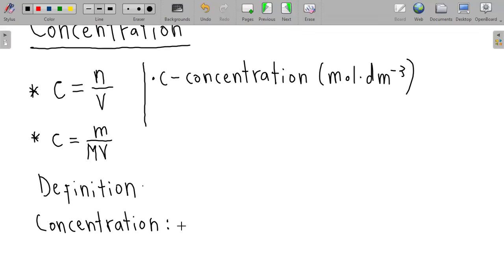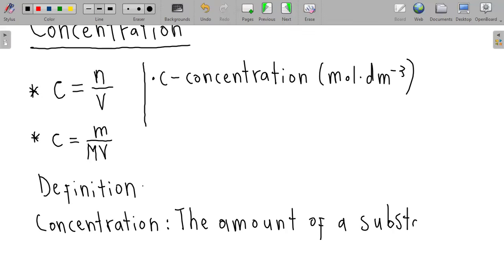This is the amount of substance in mole per unit volume.